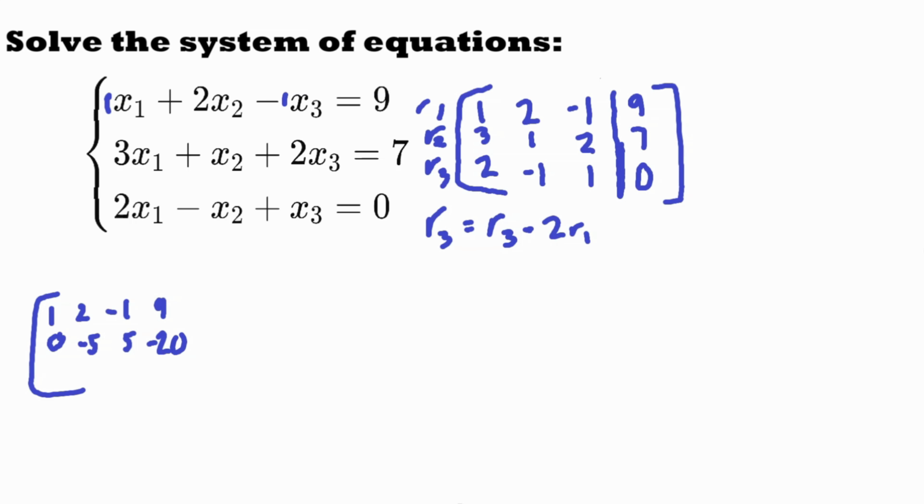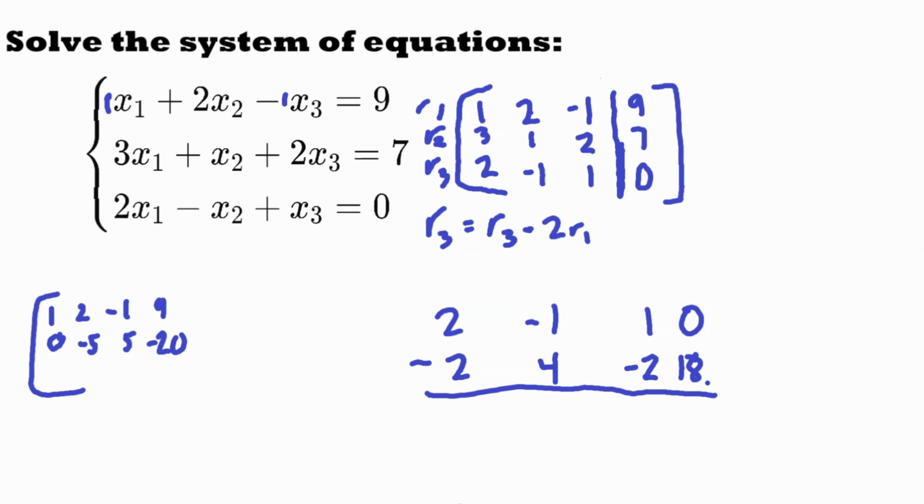So our row 3 is 2, negative 1, 1, and 0. And 2 times our row 1: 2 times 2 is 4. Negative 1 times 2 is negative 2. And 9 times 2 is 18.